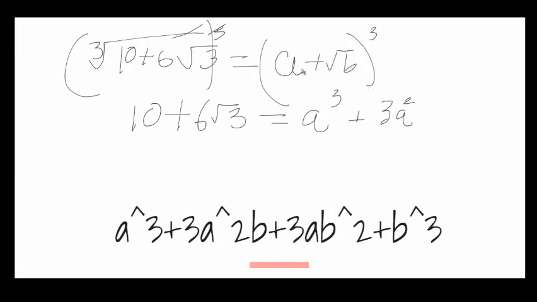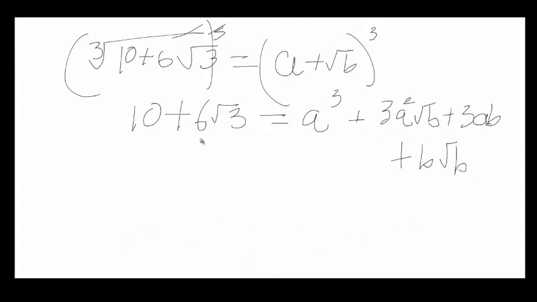I'm just going to put the values in that formula. So that'll be a cube plus 3a square root b plus 3a b, since root b whole square will be b, plus root b whole cube. It will be root b into root b into root b, that will be b root b. So this is the final value.